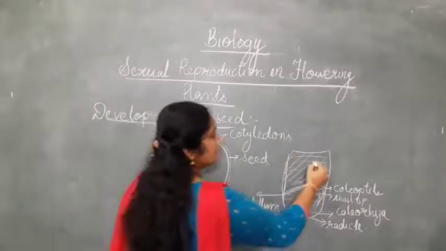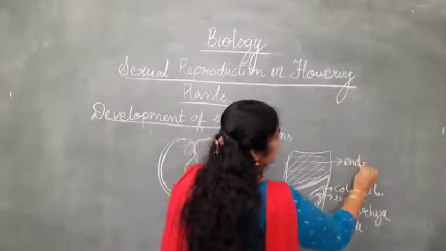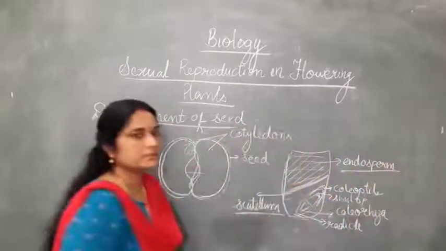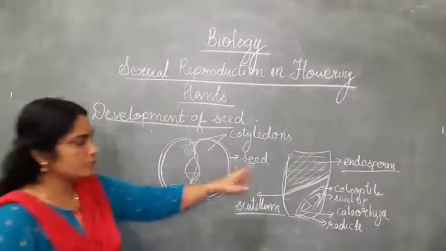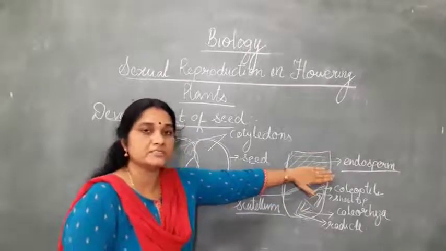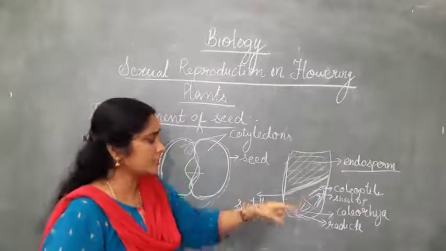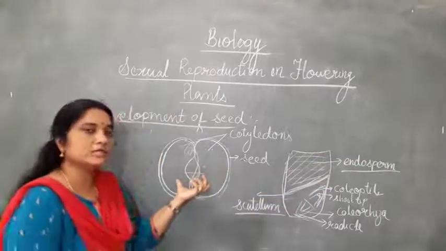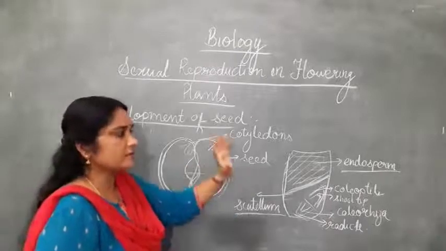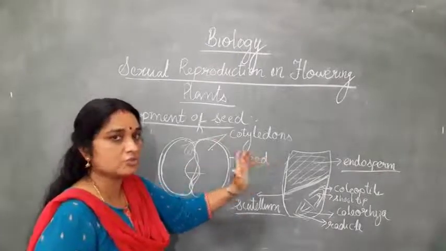This is the endosperm. It will not be consumed by the developing embryo. So in some seeds the endosperm will be present and won't be completely utilized by the growing embryo, and in some seeds the endosperm will be completely utilized and absent. On the basis of that, we can again classify the seeds into two different types.